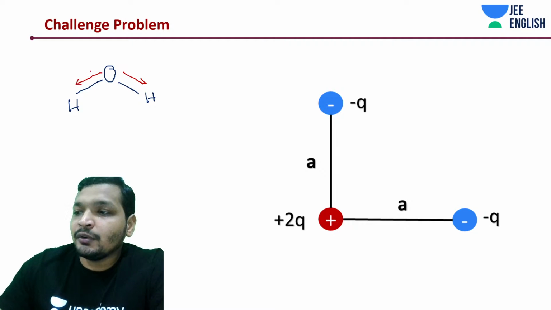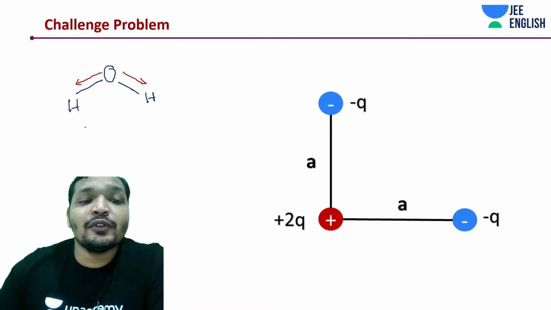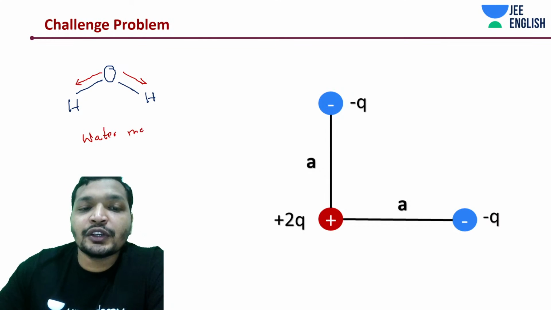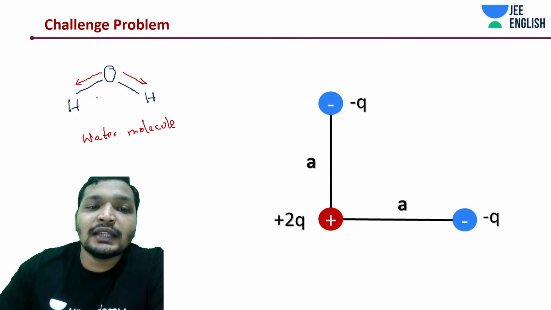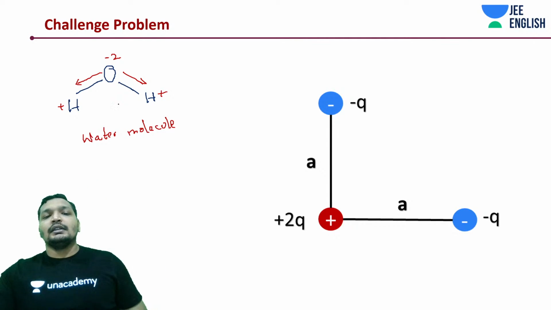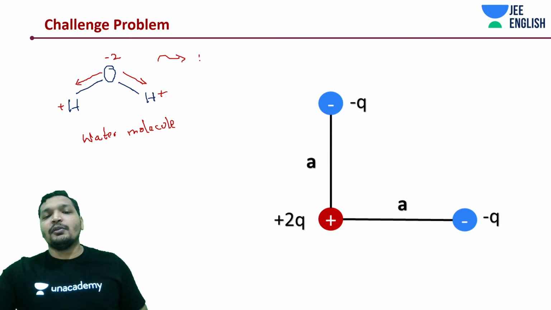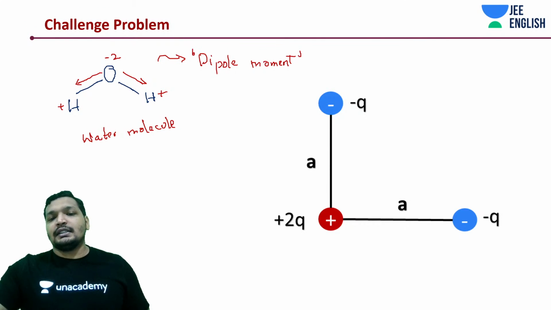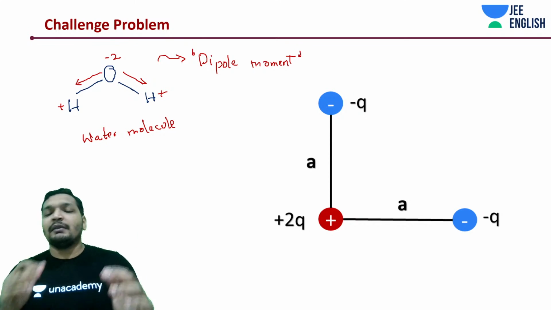Is there a net dipole moment? Yes, there is a net dipole moment in water molecule. Water molecule, if you remember, has a dipole moment. And this is minus 2, this is plus. This is having a dipole moment. Isn't it, guys? Yes, it does have a dipole.